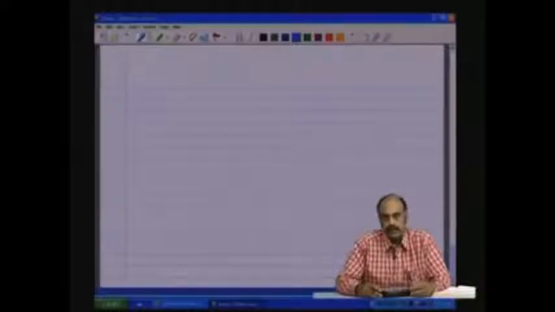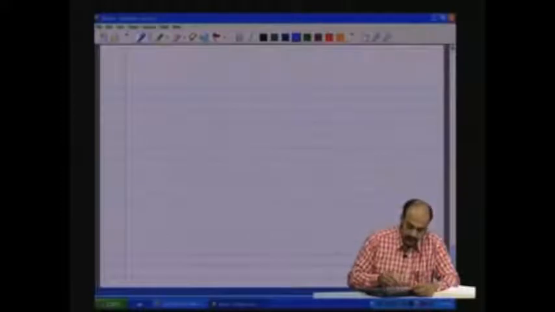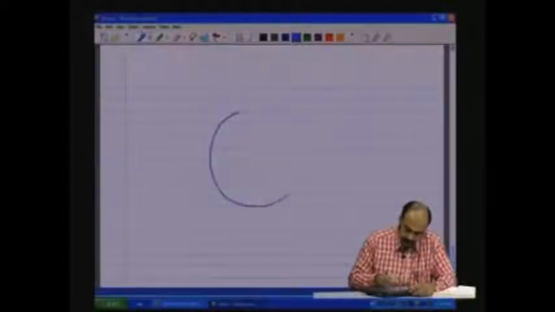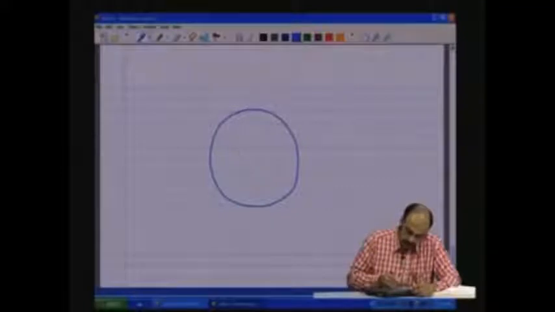So, what makes the induction motor move? Before we look at the structure, we should understand the basic principle of the motion of the induction motor. You see that the induction motor is composed of the shaft, which is the rotating part of the induction motor, and that is called the rotor.